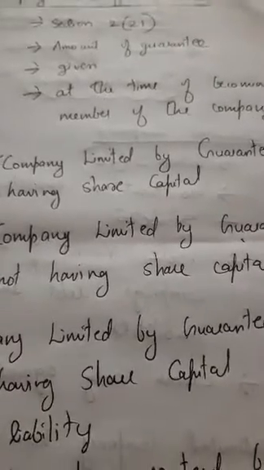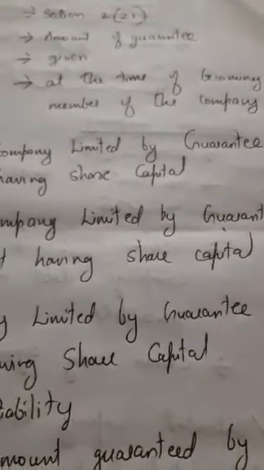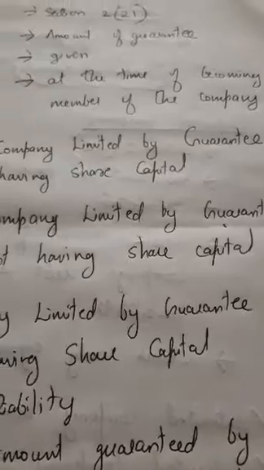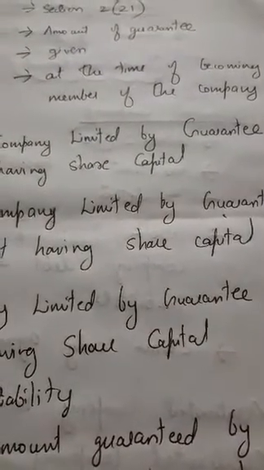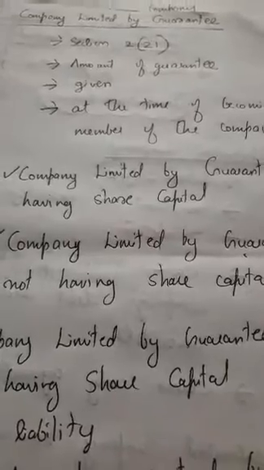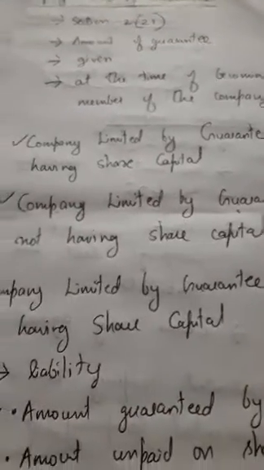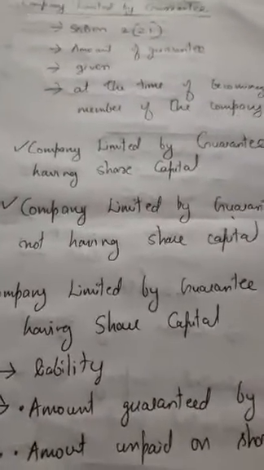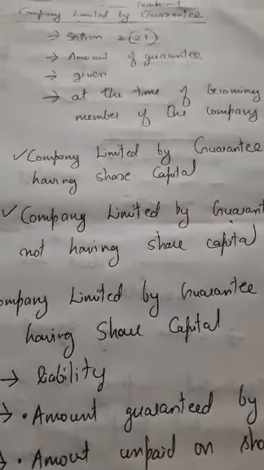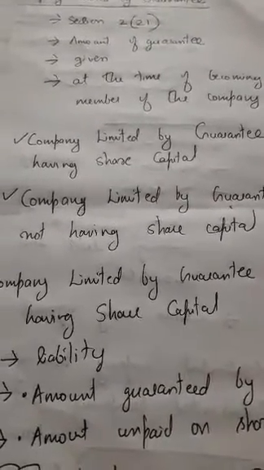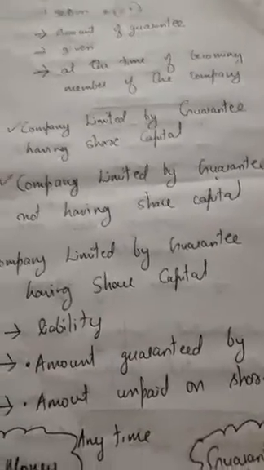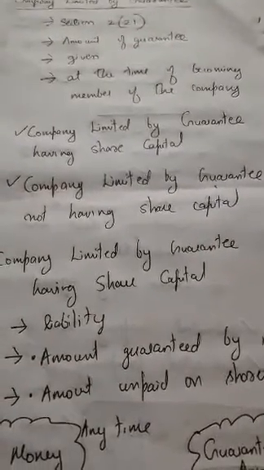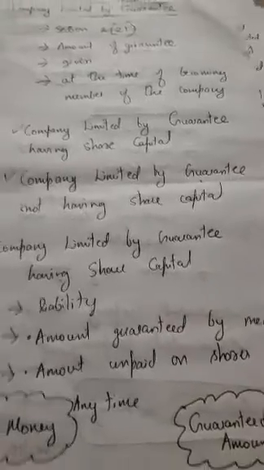This guarantee is given by members at the time of becoming a member of the company itself. A company limited by guarantee can be classified further into two heads: a company limited by guarantee having share capital and a company limited by guarantee not having share capital.